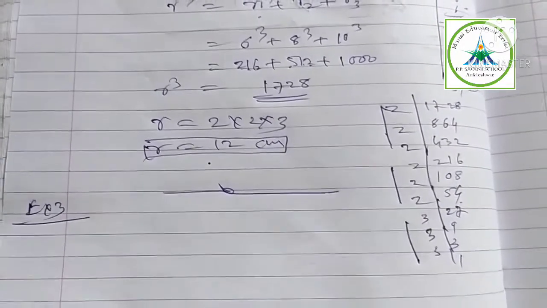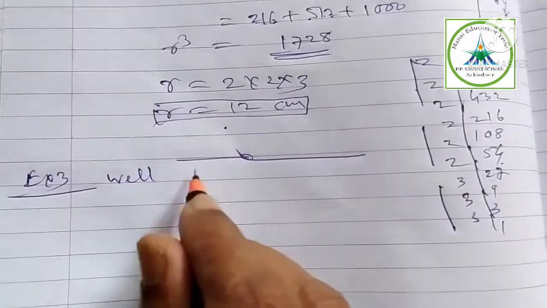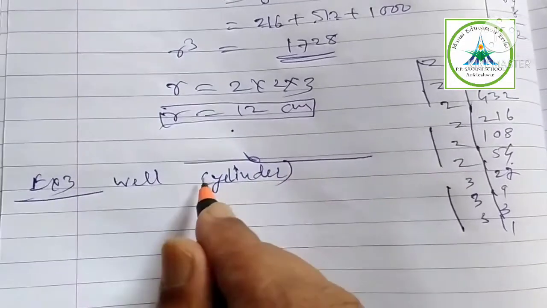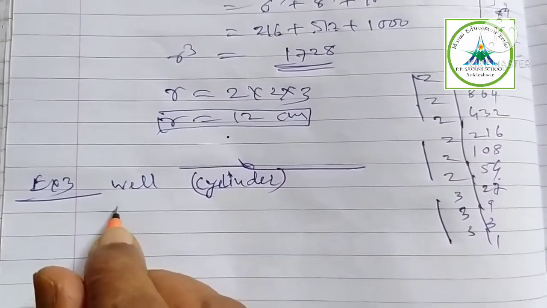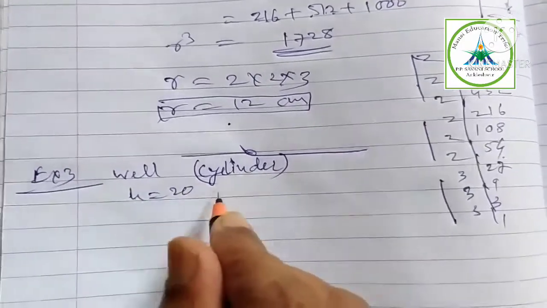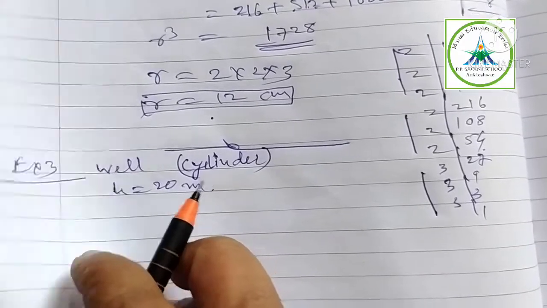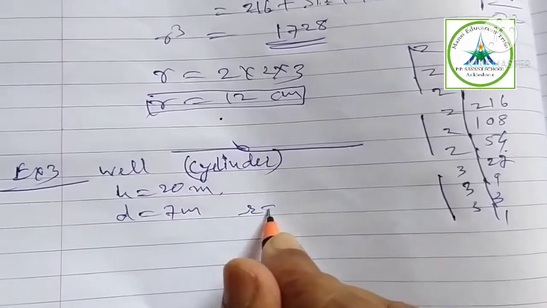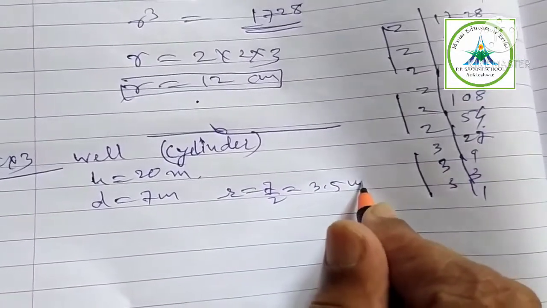So what is that? A deep well means a cylinder. Just write cylinder shape. Okay. Now deep is the height, 20 meter. And diameter 7 meter, that is radius equal to 7 upon 2, which is 3.5 meter.